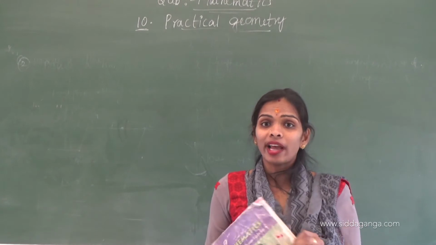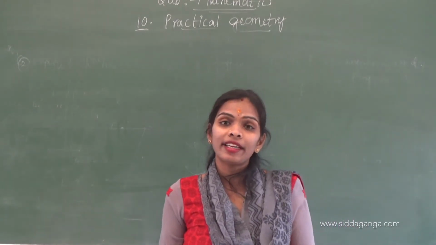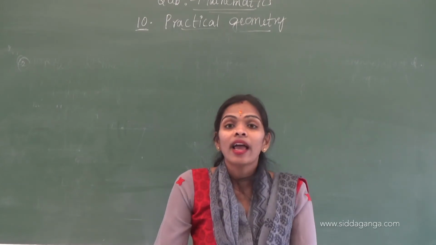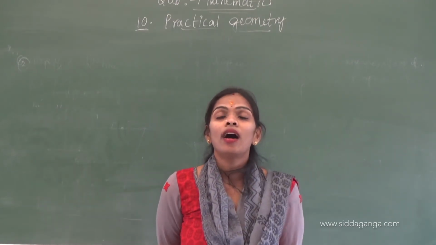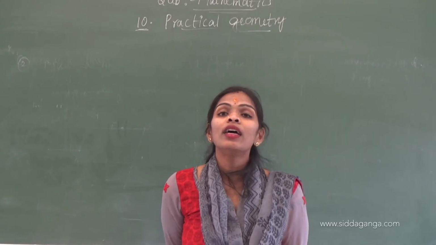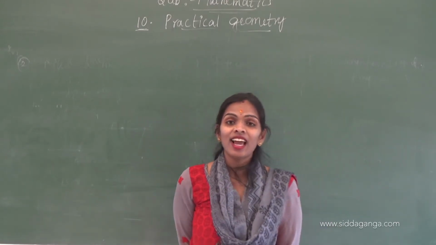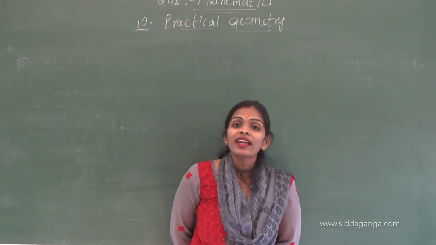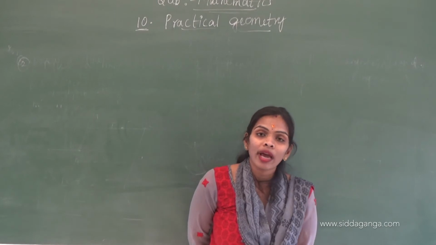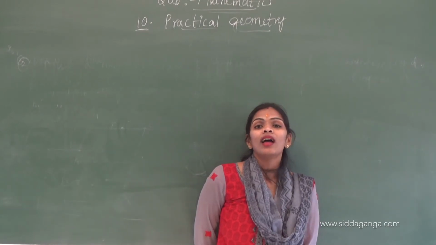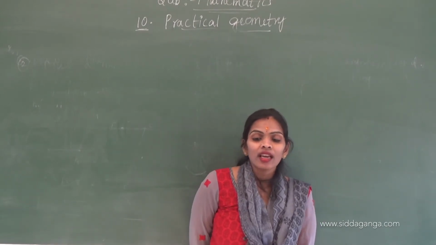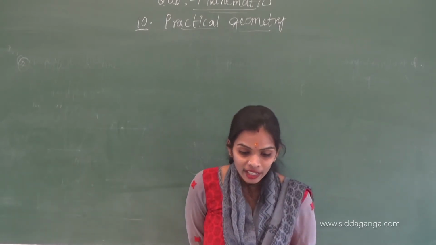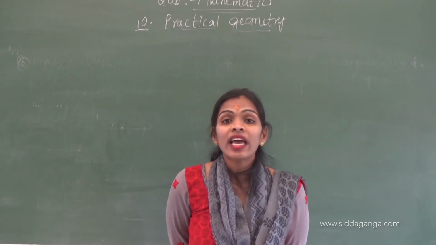In congruence of triangles, we already know the criteria: SSS criteria, SAS criteria, RHS criteria and ASA criteria, correct? By using these criteria, we are going to discuss how to construct different types of triangles in this exercise.